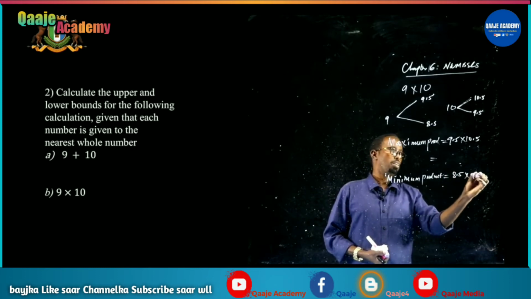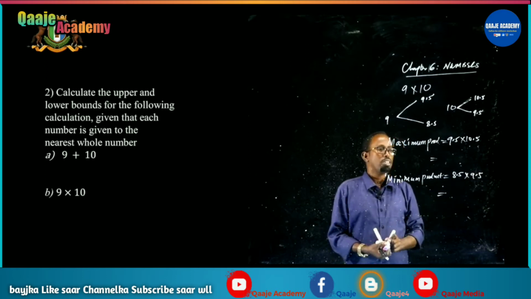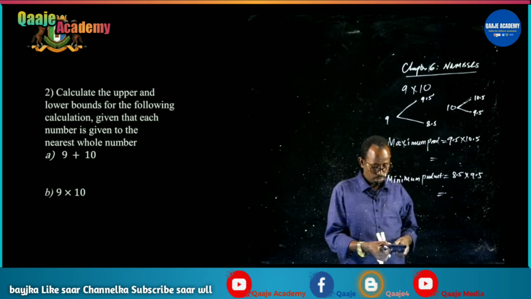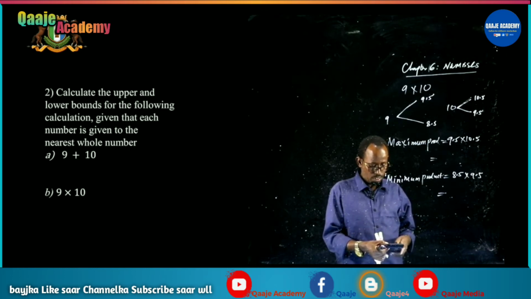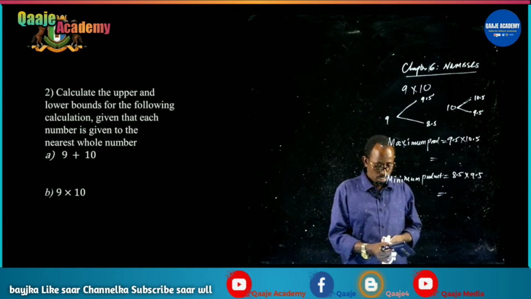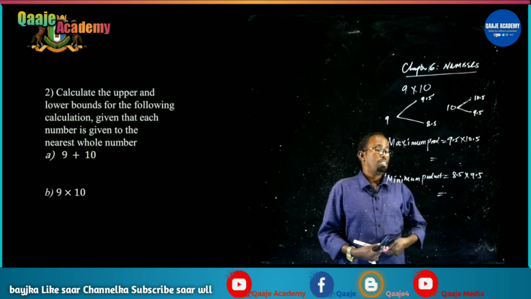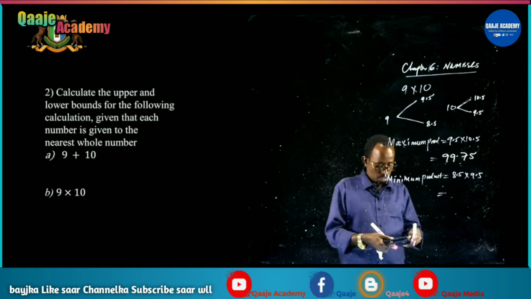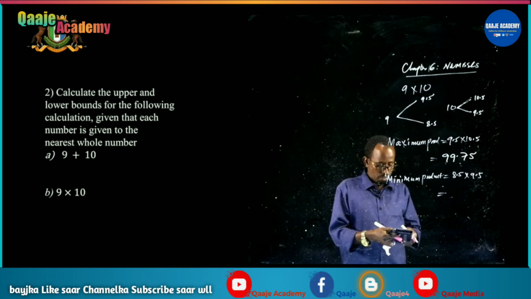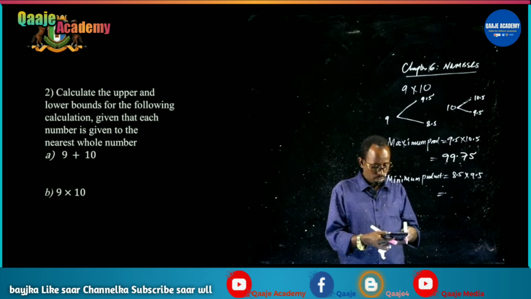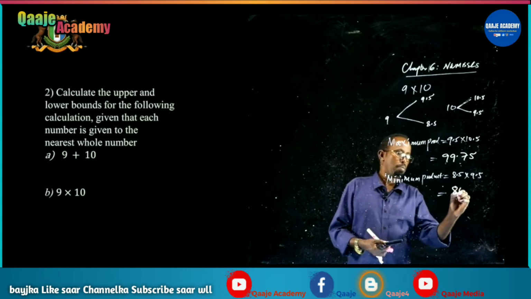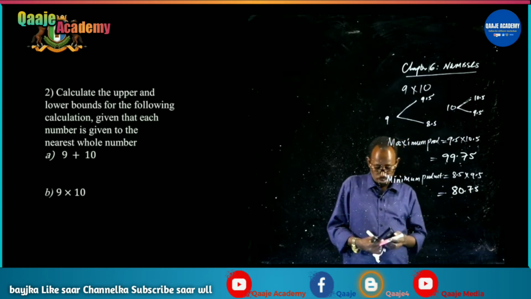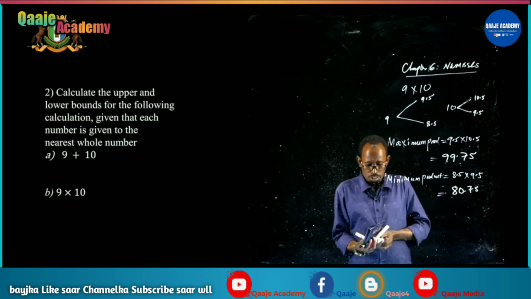So the first one, 9.5 times 10.5, 99.75. 8.5 times 9.5, you get 80.75. The next one.